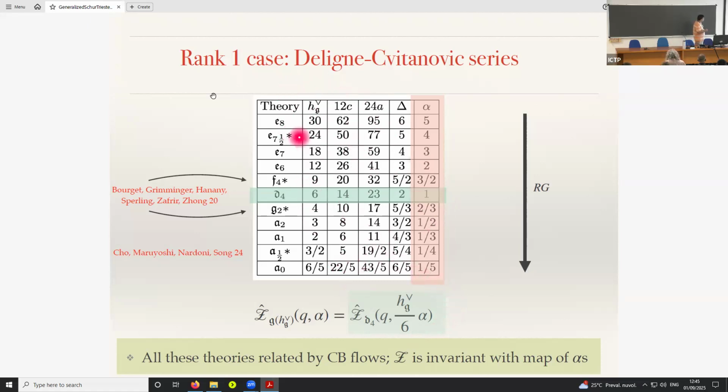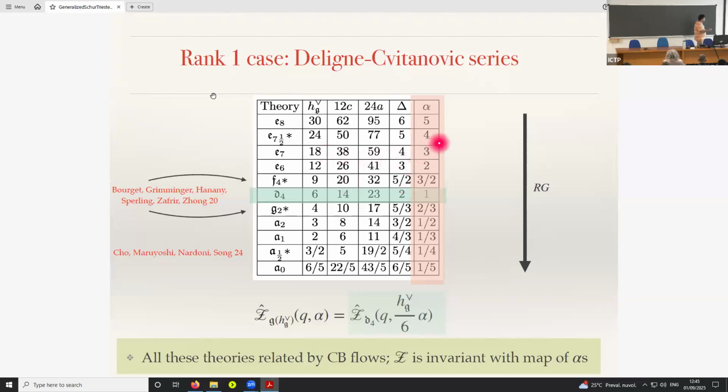For example, E8: we get a Schur index of a certain VOA with E8 global symmetry, which happens to be related to the E8 Minahan-Nemeshansky theory. Then there is something called the E7.5 VOA. We don't know of a physical theory for which it gives the Schur index.